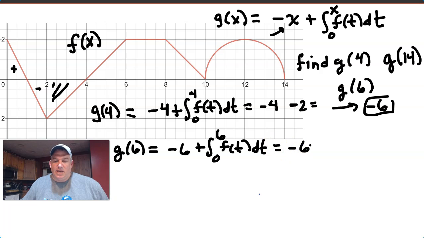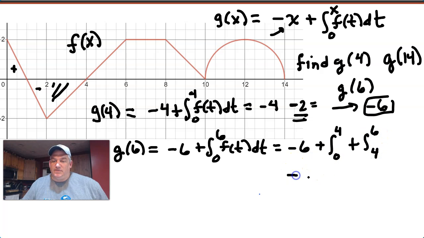And then I'm going to break this down from 0 to 4 first, and then go from 4 to 6. So the integral from 0 to 4, which we've already calculated to be negative 2, and then we're going to add to that the value from 4 to 6 to finish it off.